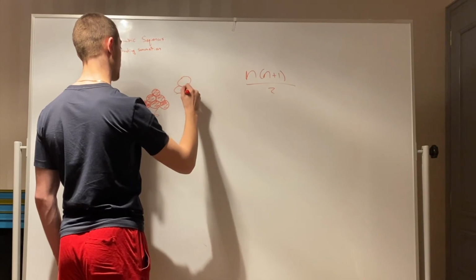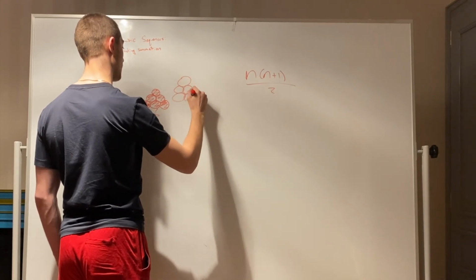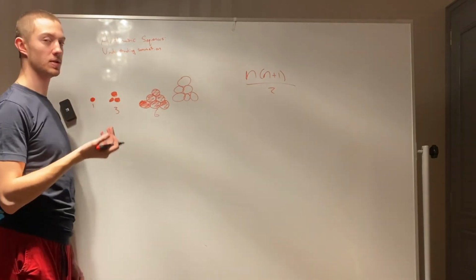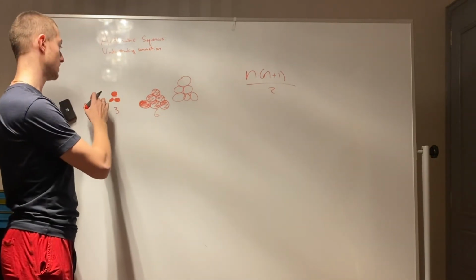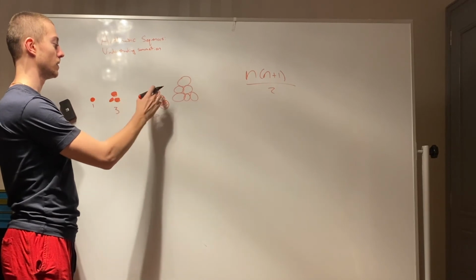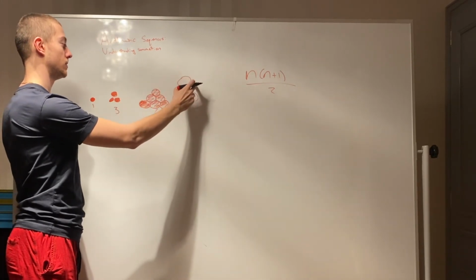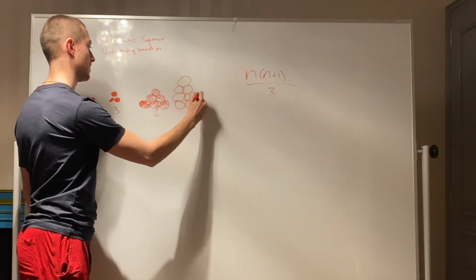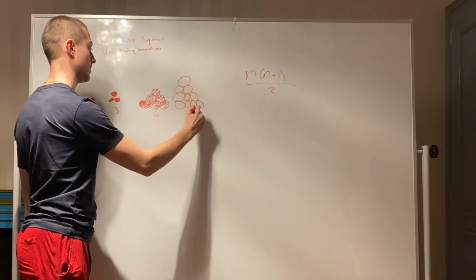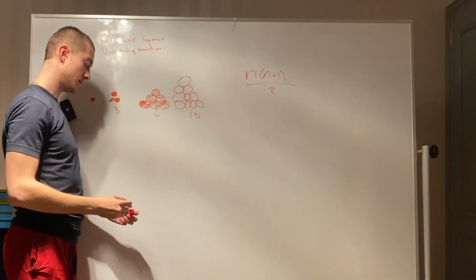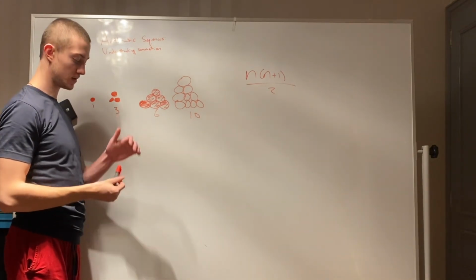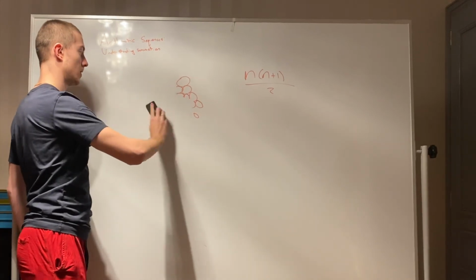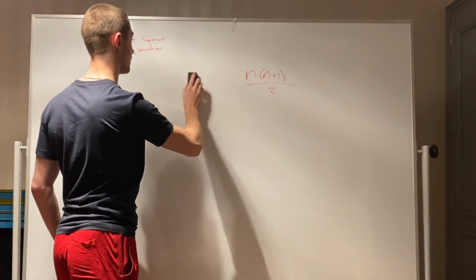And this should make sense because if you just consider what we're doing, we're basically just adding together the same natural numbers that we just found. So here was 1, here it's 1 plus 2, 1 plus 2 plus 3, 1 plus 2 plus 3 plus 4, and so on. And these numbers actually have lots of really interesting properties if you study them further. And maybe I'll cover that in another video.